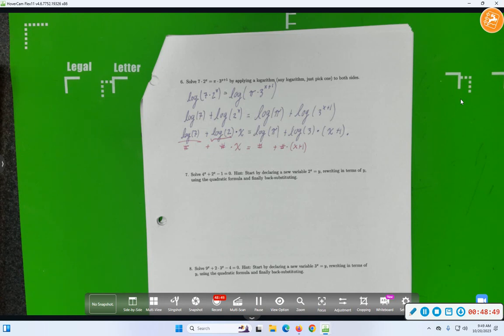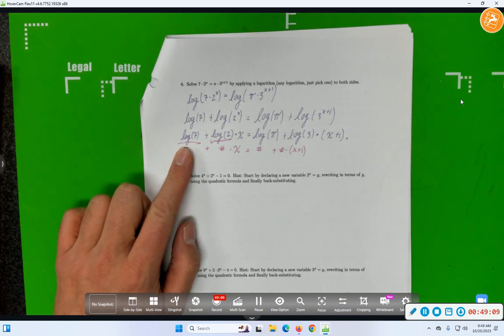I know how to solve linear equations. Try to get all the x's onto one side, all the non-x's onto the other side, and then divide. And perhaps in order to avoid the complicated looking numbers getting in the way, let's just get some decimal approximations right now. What's the log of 7 about?